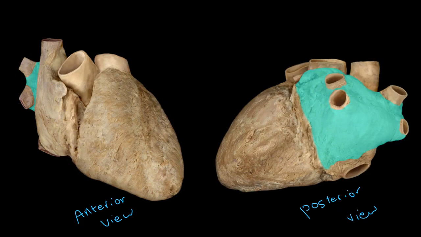Actually, the left atrium is easily visible through the posterior view and a little bit of it through the anterior view. So that would be the left atrium. So this is the left atrium from the posterior view, and this is the left atrium from the anterior view.